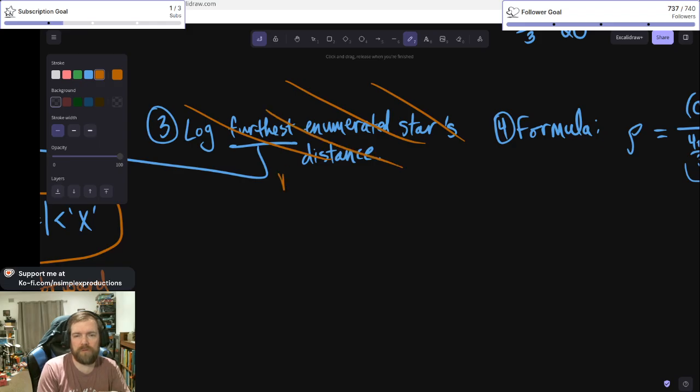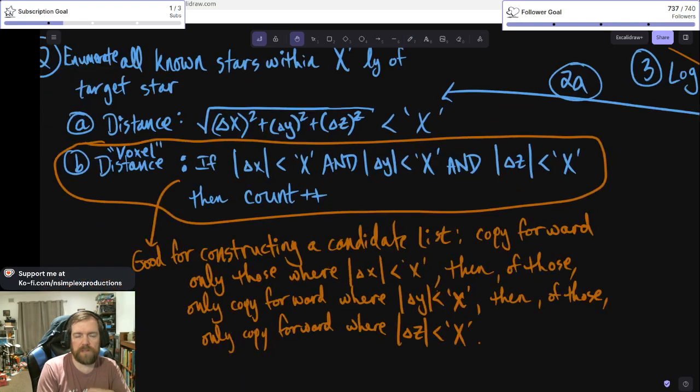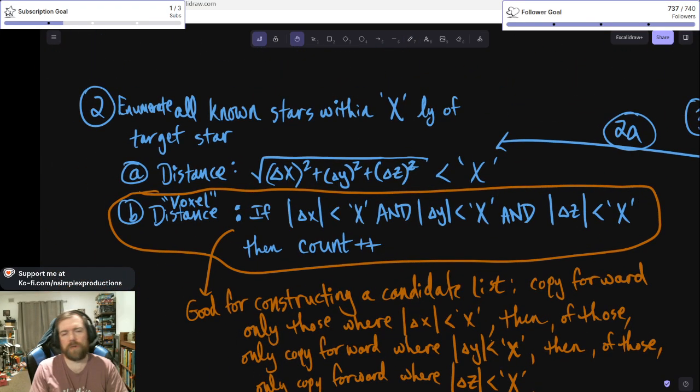So we can just eliminate that and say we could do it either way that we want, for either the distance or the voxel distance.